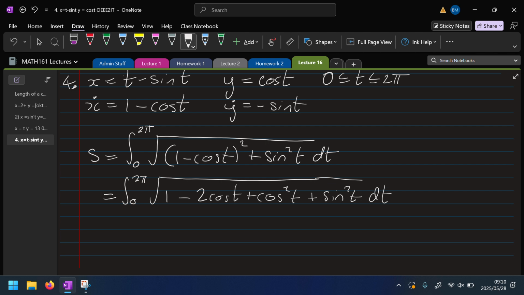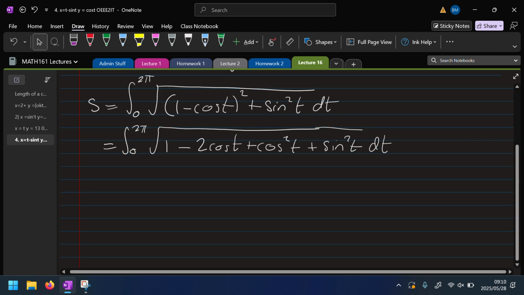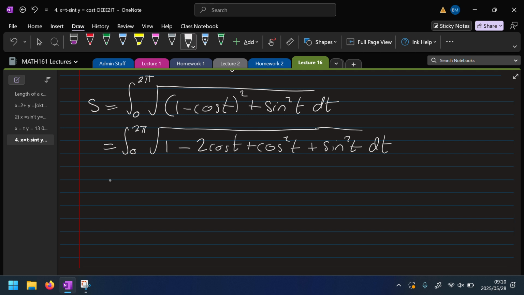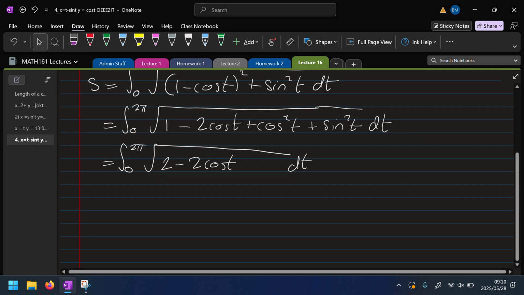Okay, cos squared plus sine squared, immediately we know that's going to be 1. So we end up with 1 plus the 1 from the beginning, so 2 minus 2 cos t dt. Okay, so we end up with a trig integral.